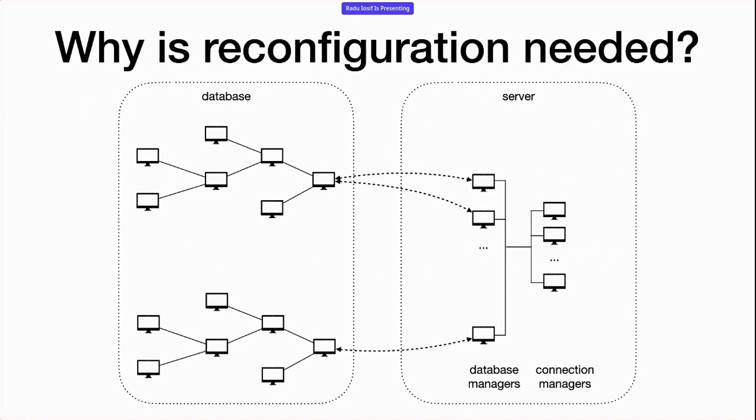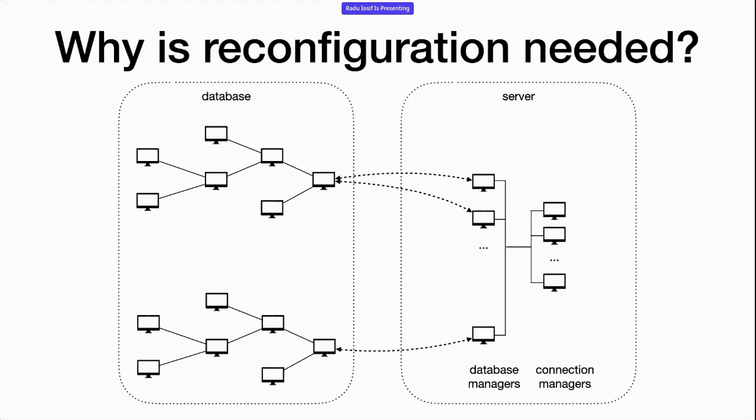But let me first introduce reconfiguration informally. Imagine we have a large distributed system consisting of nodes or processes that run on isolated computers and that communicate over a network.